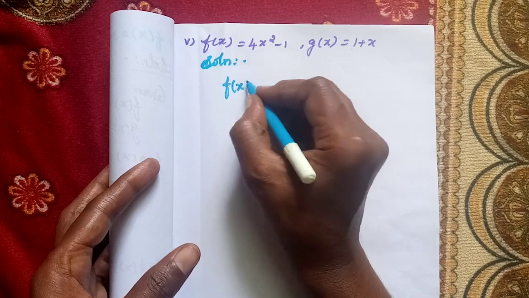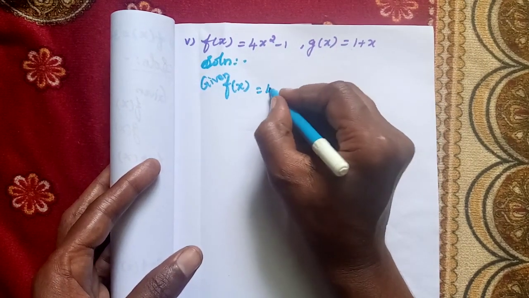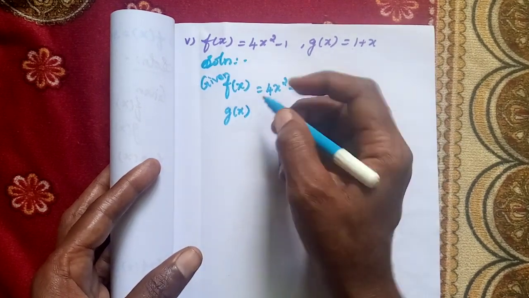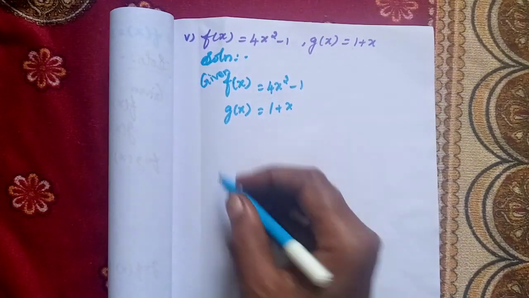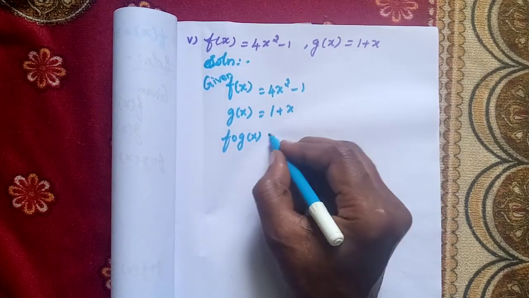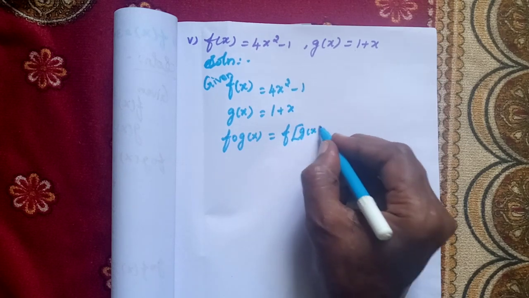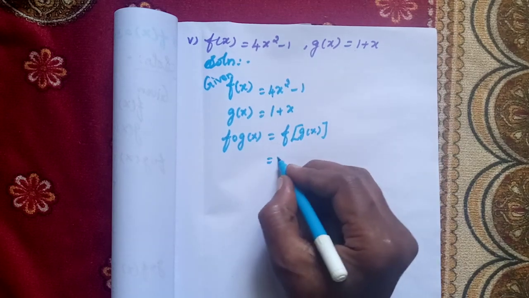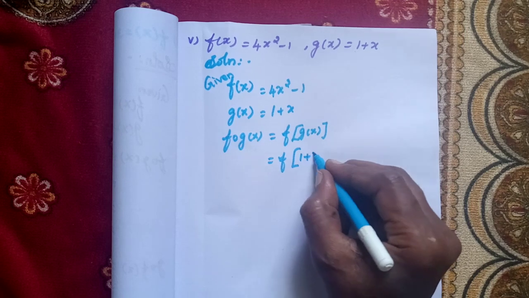Given f of x is equal to 4x square minus 1 and g of x is equal to 1 plus x. Now f composite g of x is equal to f of g of x, which is f of 1 plus x.